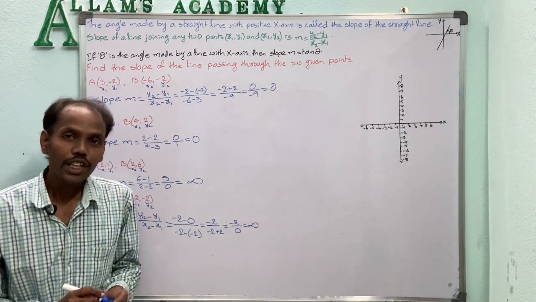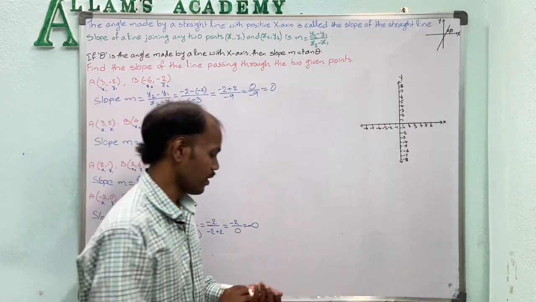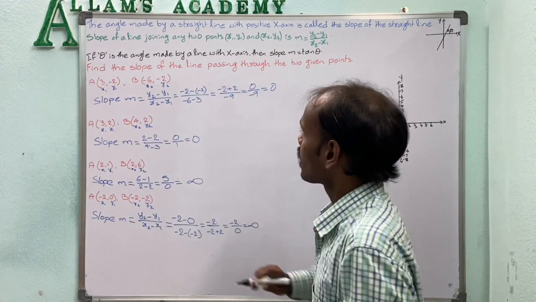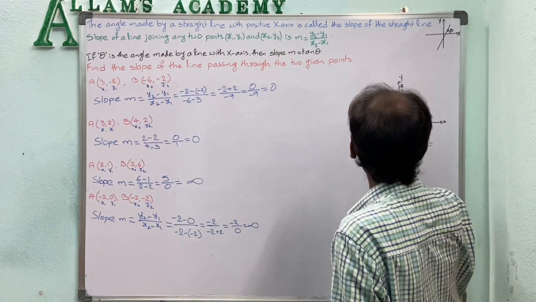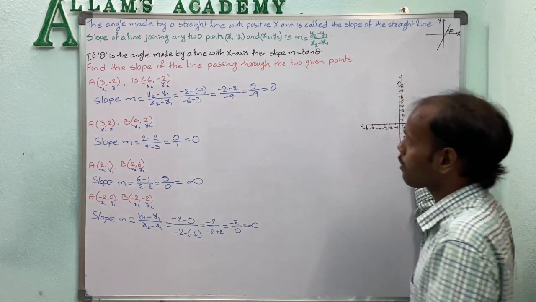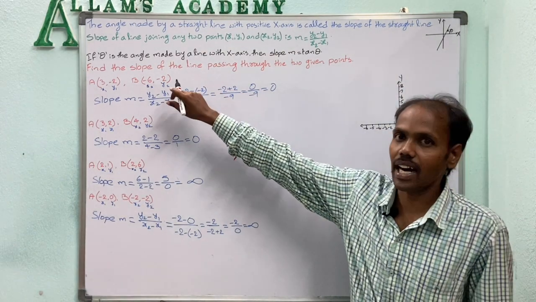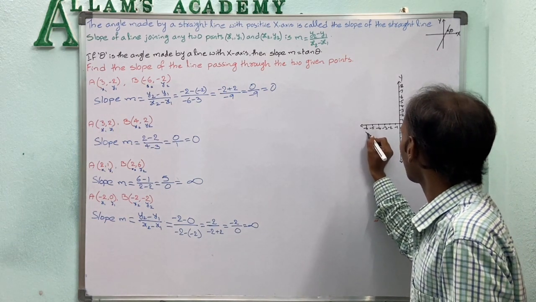So here, if we locate these points on the graph, now if we observe the first straight line, it is given by 3 comma minus 2. So 3 comma minus 2 is here the point, and minus 6 comma minus 2, here the point.